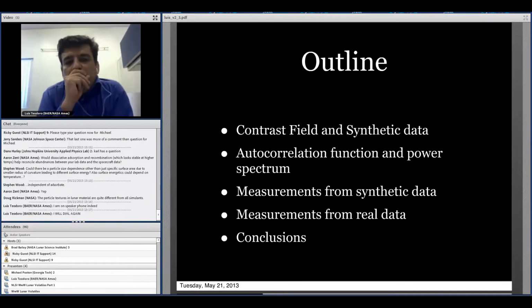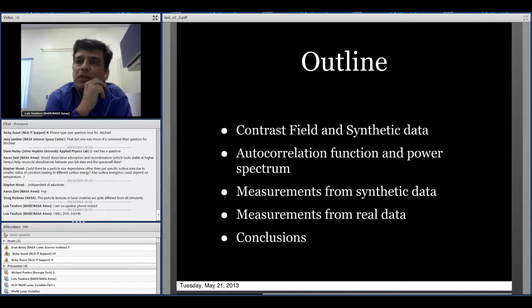So the first step in our talk is to introduce the concept of contrast field and try to explain pedagogically what the different phases of the detection in the neutron detectors are.